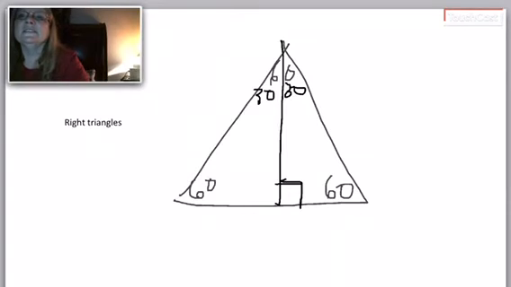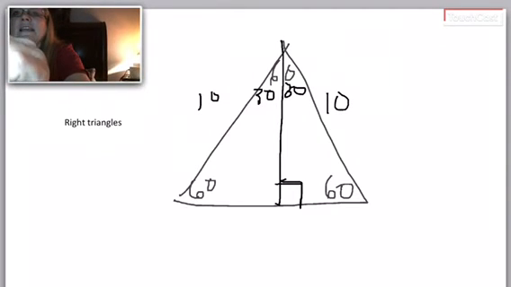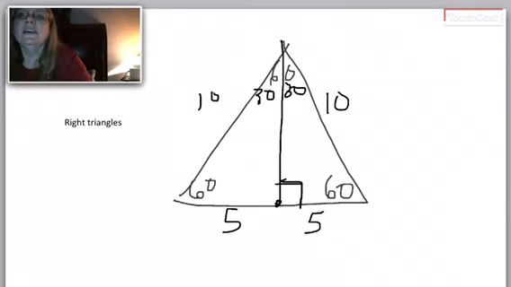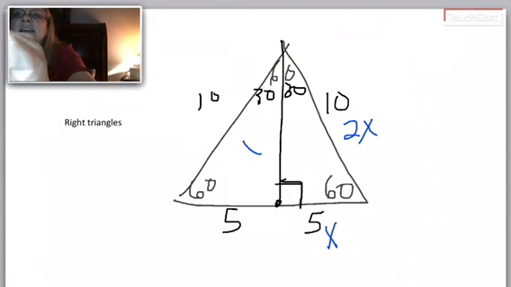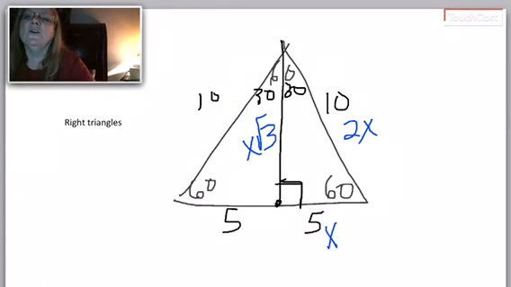If the lengths of the sides were all the same, say they were all 10, when you draw the height, it bisects the base here. And that's how we create our 30, 60, 90, where we have x, 2x, and x times the square root of 3.